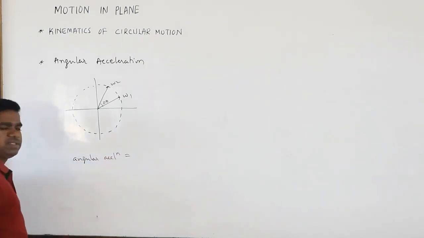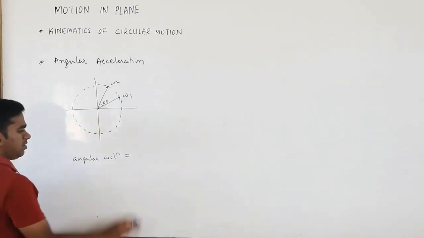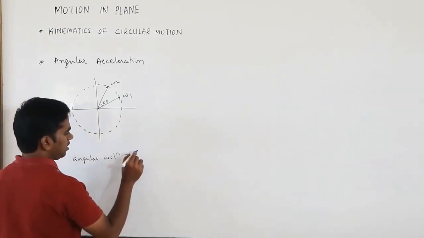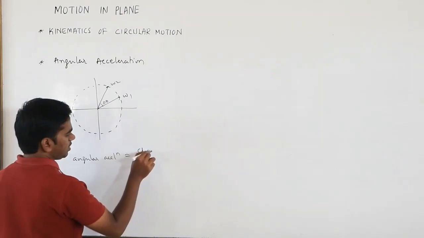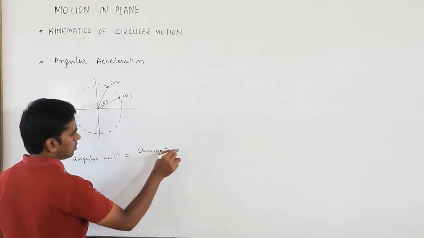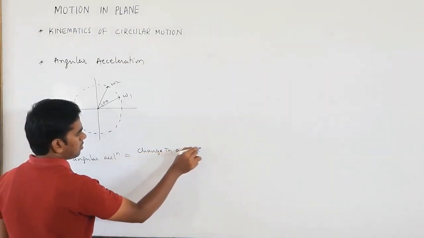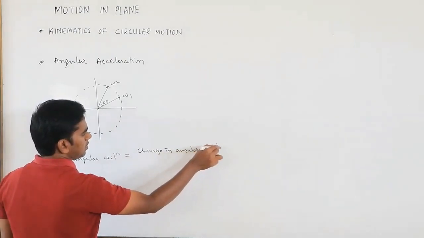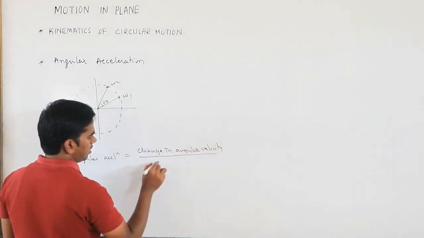As usual, what is acceleration? It is the rate of change of velocity in general. Similarly, here it is the rate of change of angular velocity. So change in angular velocity divided by time taken.